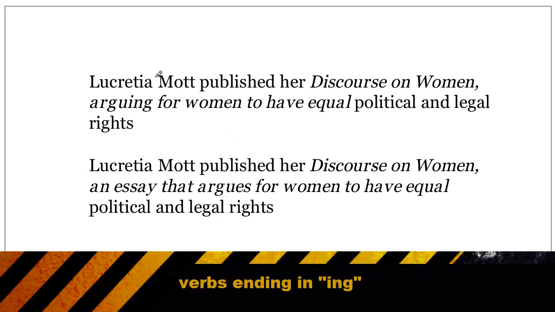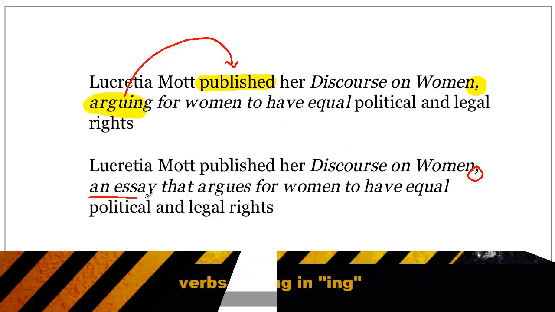We start off with Lucretia Mott, and she has published her discourse on women. Then we have a comma followed by arguing. So the arguing is describing the verb that came before it, which in this case is published. So it makes it sound like she was upset and screaming while she was printing or publishing her essay. In the second example, we have a comma followed by an essay.